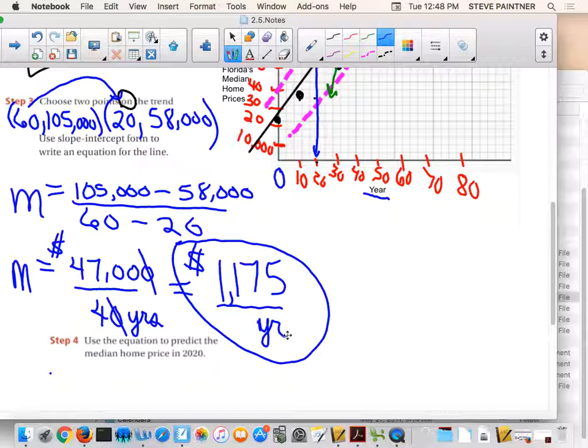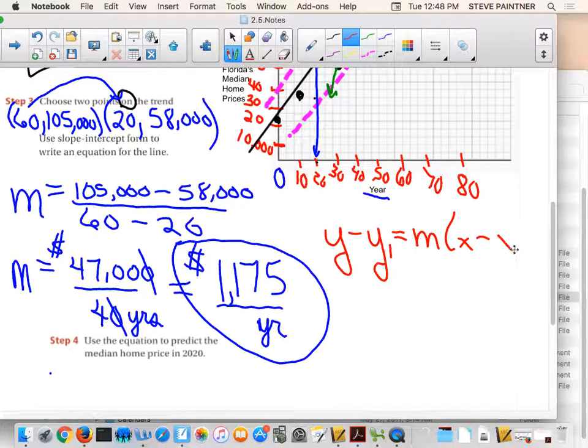Have you written the equation to your line? No, this is not the equation. This is just your slope. So to write the equation, you would need point slope form. There, that's what you need. In place of the m, you'll put what? 1175, right?